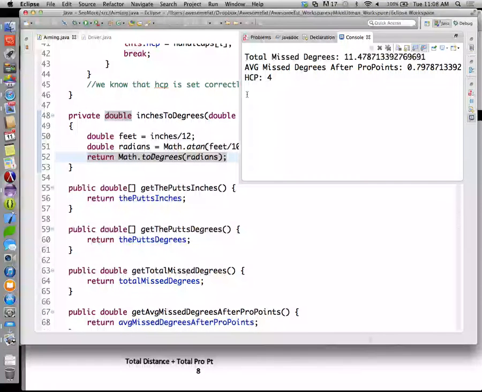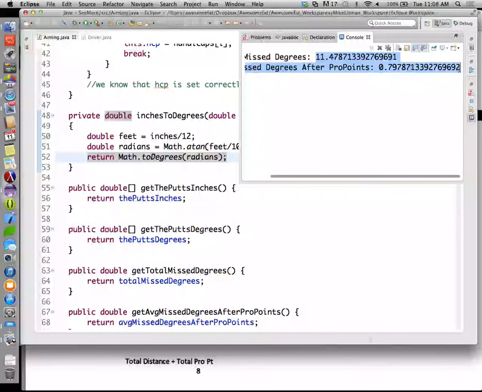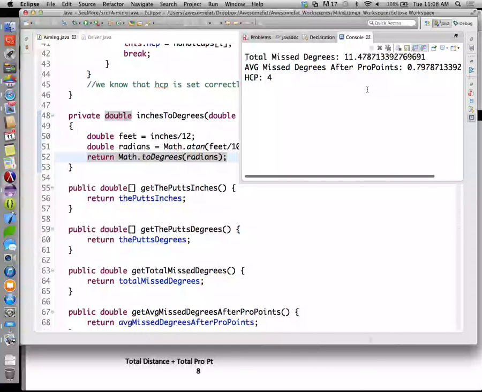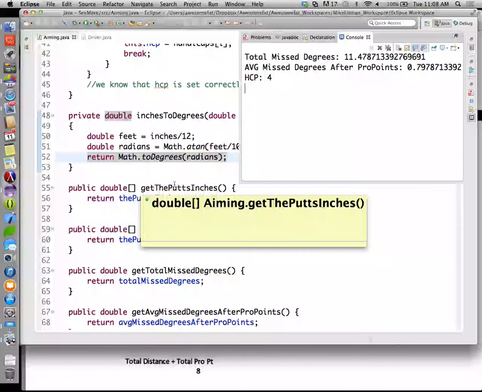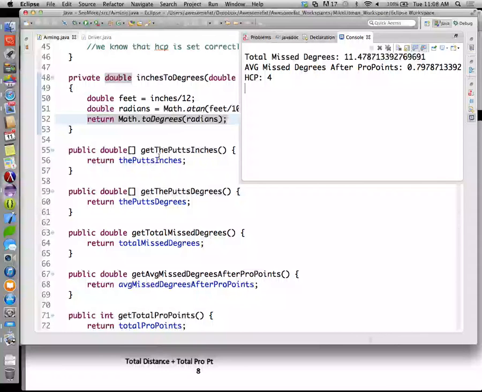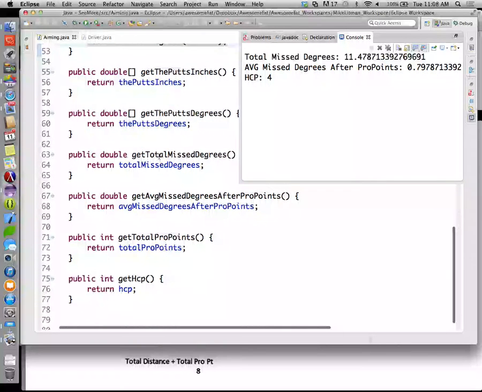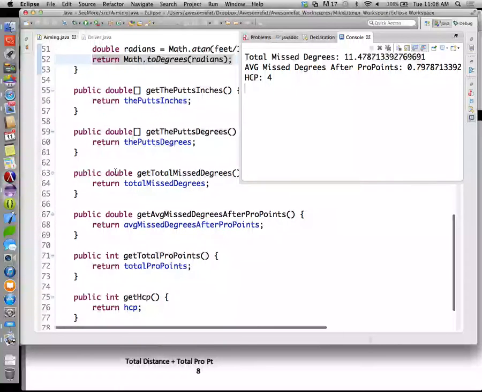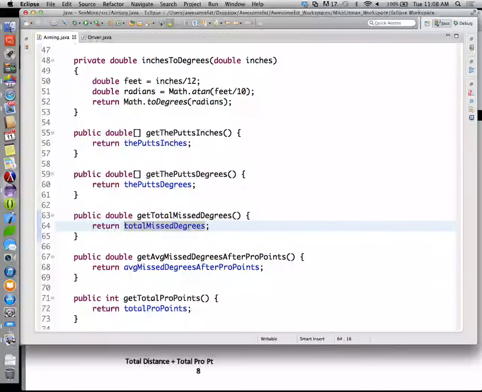So is there any reason why we can't just leave it summing at all like this? It's getting us accurate answers. If we come into total missed, what if we round this?